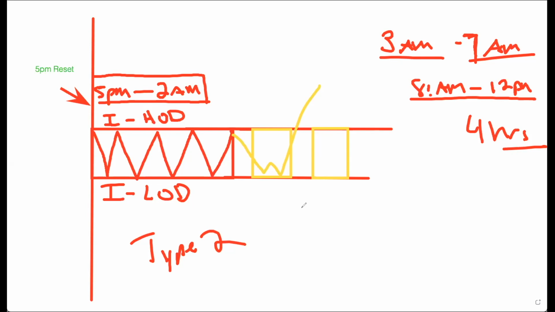The majority of the time, type 2 setups happen in London session. The majority of the trade setups for type 2s are happening during London session. There is one option that you would have, and it's what we call trading out of the edge.